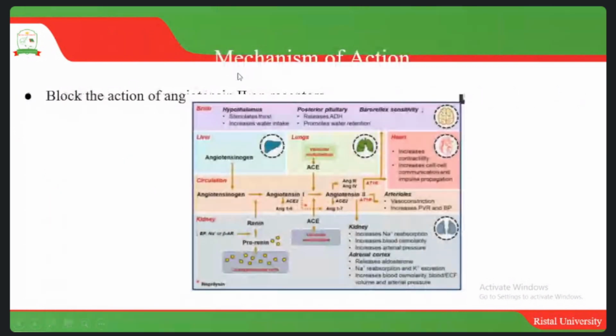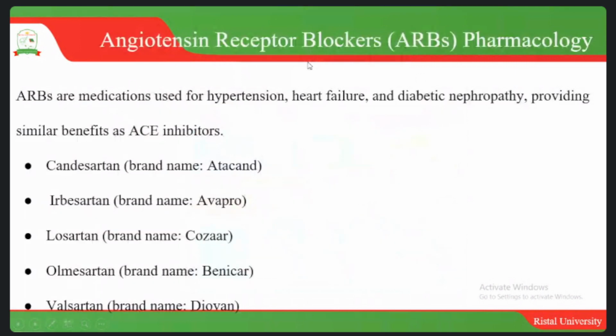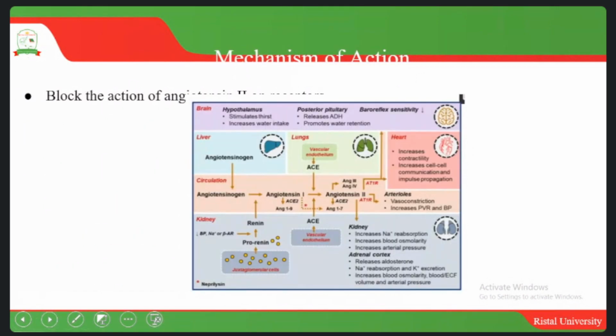But in case these drugs are used and they cause an impact by preventing the angiotensin hormone from binding onto the receptors, then this will not happen. So it tries to inhibit all this kind of effect from happening into the heart.